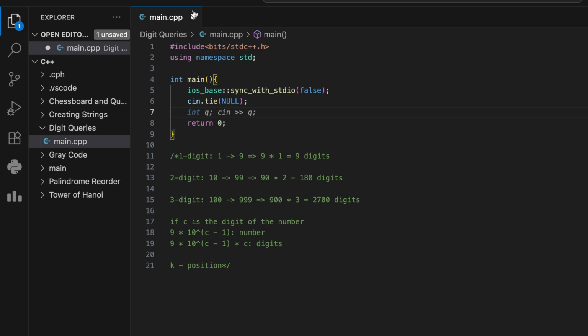The code will better visualize my solution.